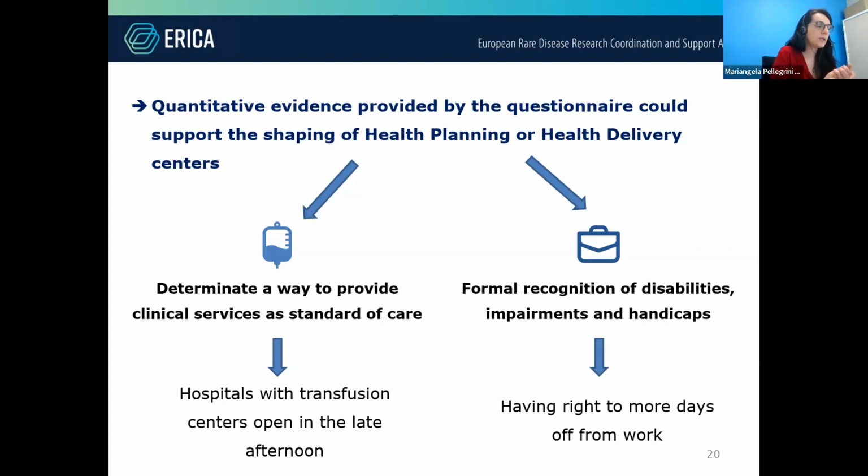So from those data, we can claim and obtain the provision of clinical services as standard of care, for instance hospitals with a transfusion center open late in the afternoon.